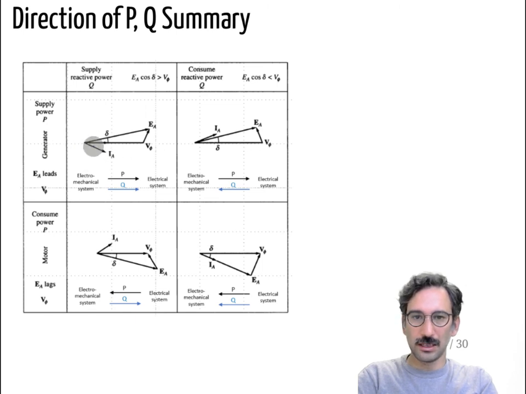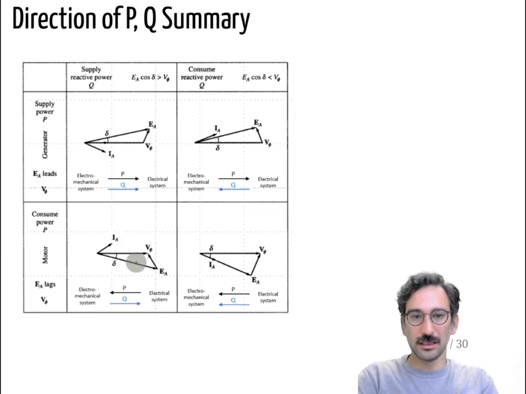The generator is working at the lagging power factor. Once it is working at the lagging power factor, it produces P and produces Q. If it is working in the leading power factor, the generator produces P but consumes Q. However, in the motor, if it is working at the leading power factor, it consumes P and supplies reactive power, right?